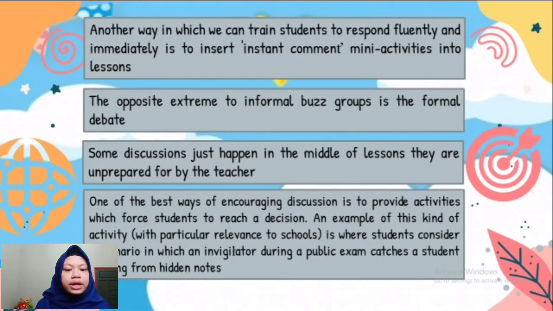And then another way in which we can train students to respond fluently and immediately is to insert instant comment mini activities into lessons. We can show them photographs and nominate students to say the first thing that comes into their mind.